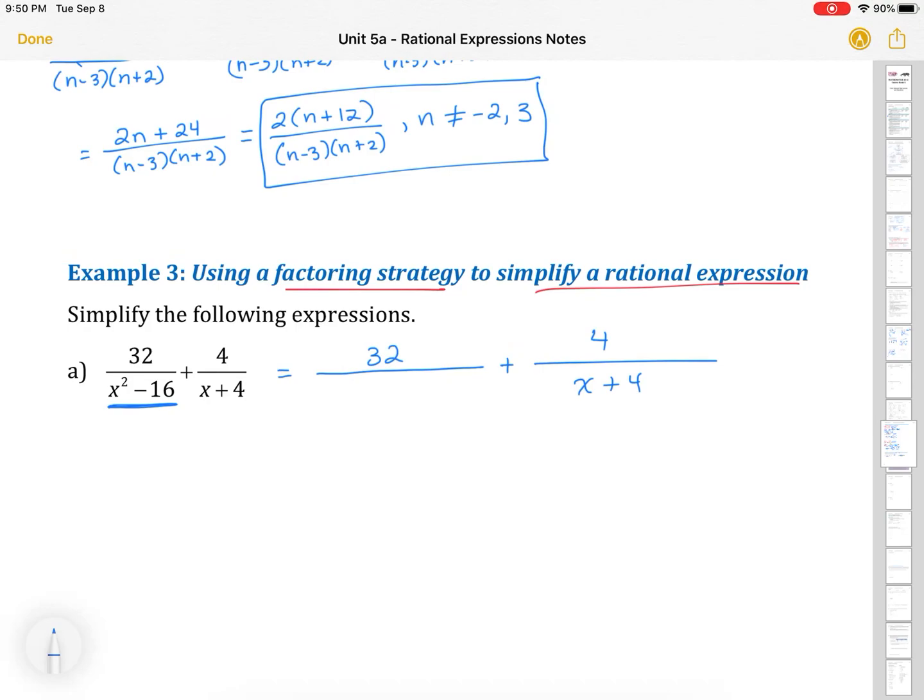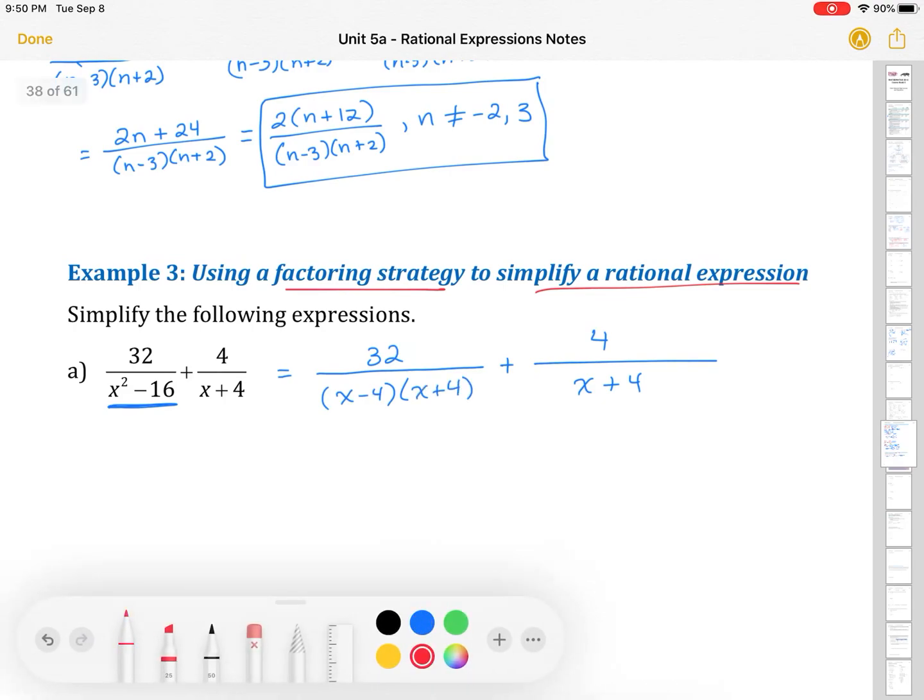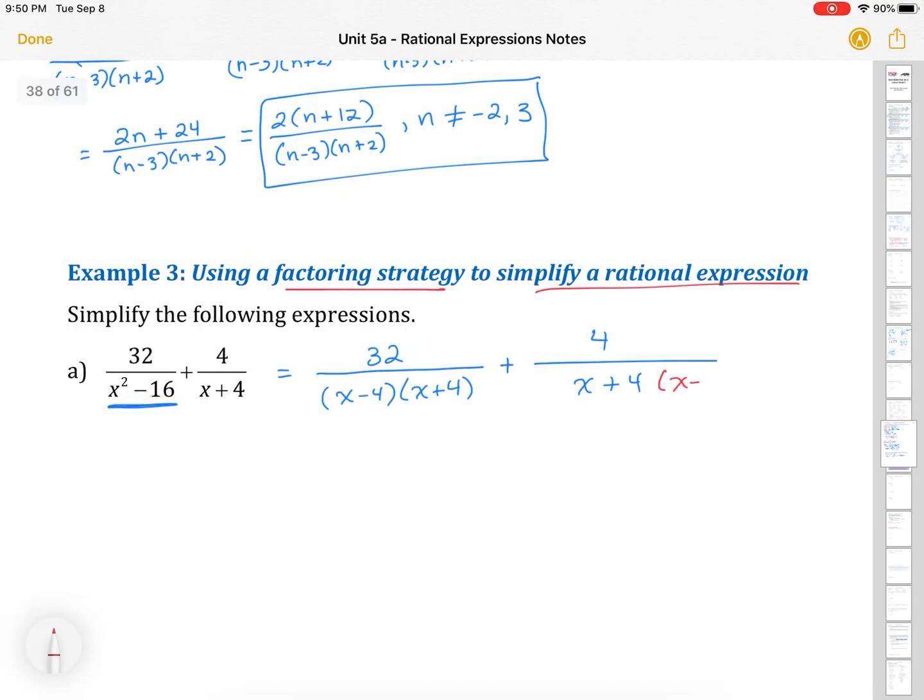It's a difference of squares because x squared is a perfect square and 16 is a perfect square. So this can be factored to x minus 4 times x plus 4. So that means that all I have to do to the second fraction to give it the same denominator is multiply the top and the bottom by x minus 4.